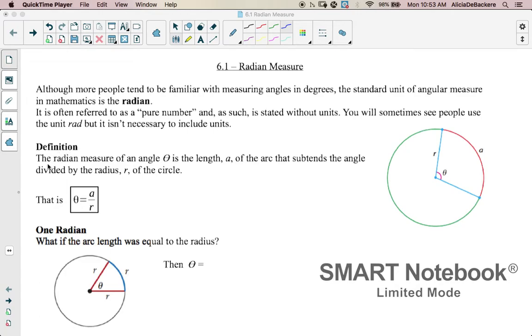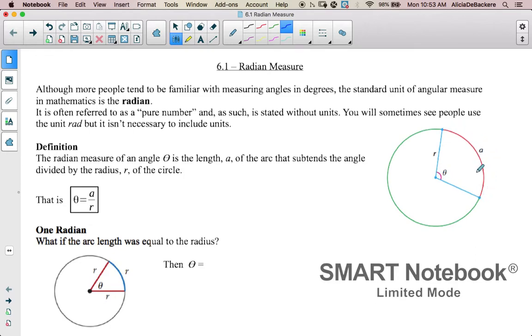So a definition: the radian measure of an angle theta is the length A of the arc that subtends the angle. I'm just going to go over to the picture here. So I've got a picture of angle theta, and I'm looking at the arc that subtends the angle. So it's the arc along the edge of the circle. And you could think about the angle as creating a slice of pie.